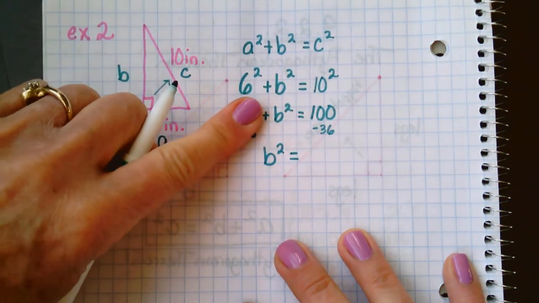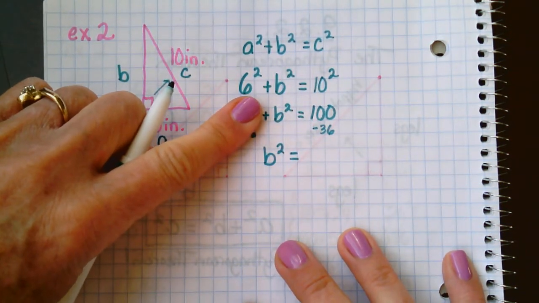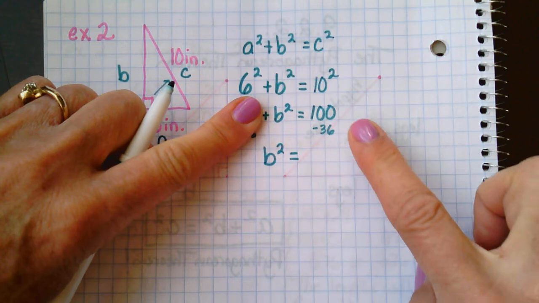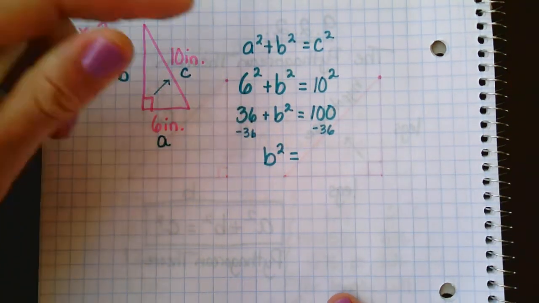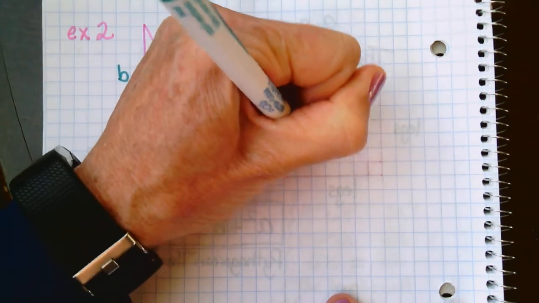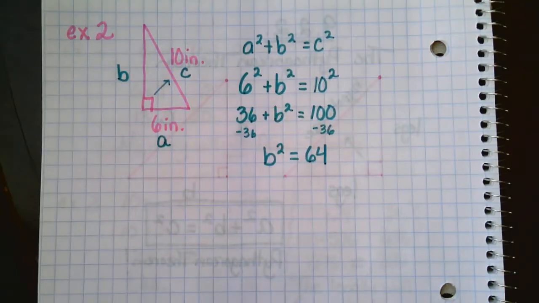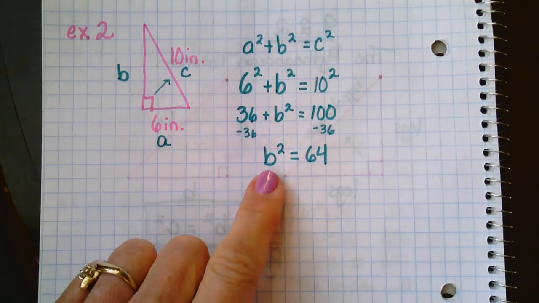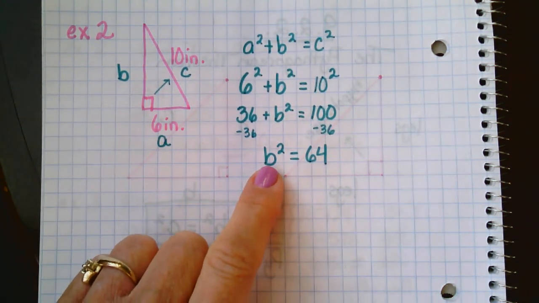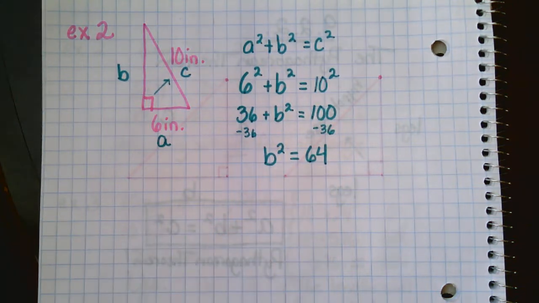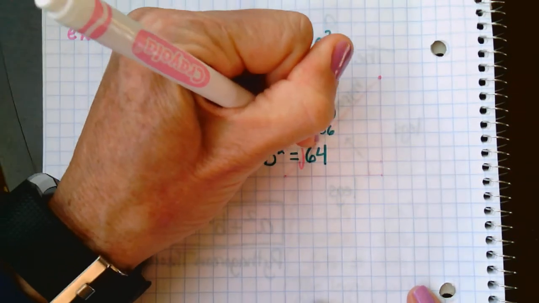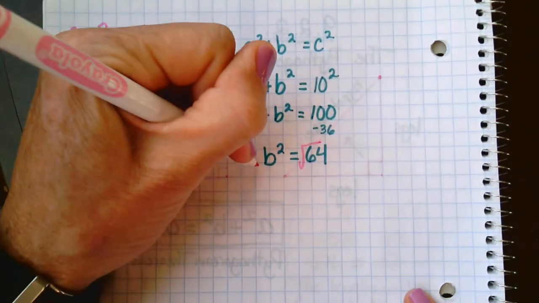36 cancels out, just leaving us B squared on the left side of the equation. And 100 take away 36 is 64. Okay, now we ask ourselves, what number times itself equals 64? Or, what is the square root of 64?